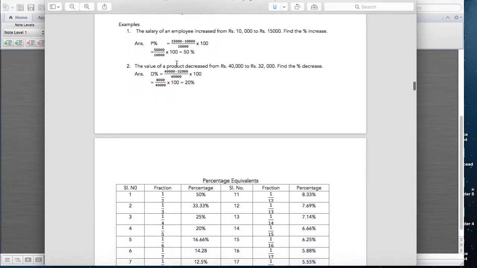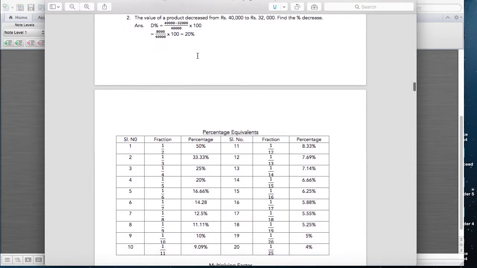The two examples are the salary of an employee was increased from 10,000 to 15,000, and we have to find the percent increase. So the difference is 5,000 and the reference is 10,000. So 5,000 upon 10,000 into 100 is 50%.